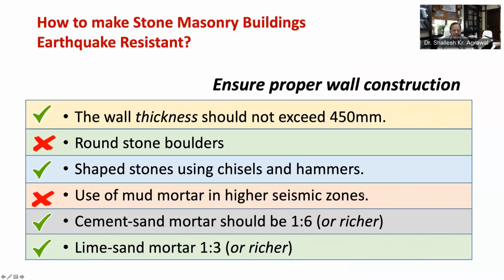The next question that comes to mind is how to make these stone masonry constructions earthquake resistant. First of all, let me tell you, low strength stone masonry buildings are weak against earthquakes and should be avoided in high seismic zones.